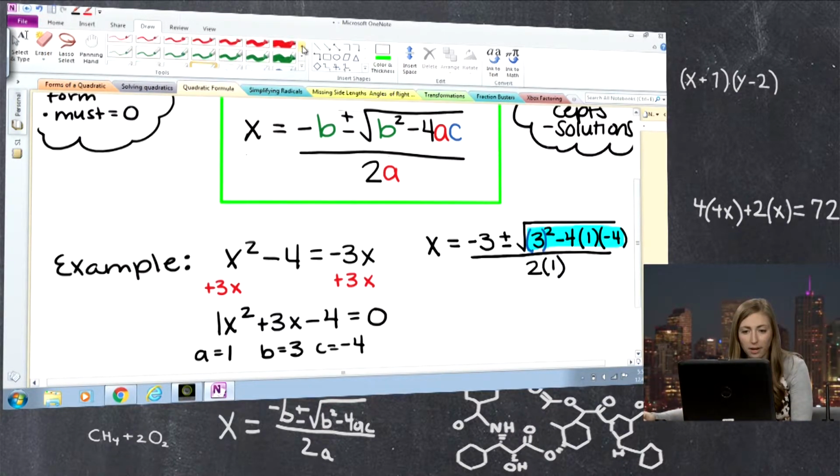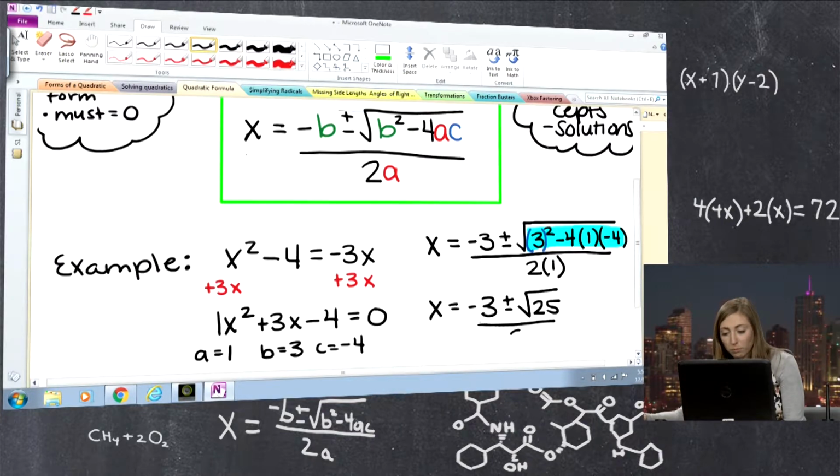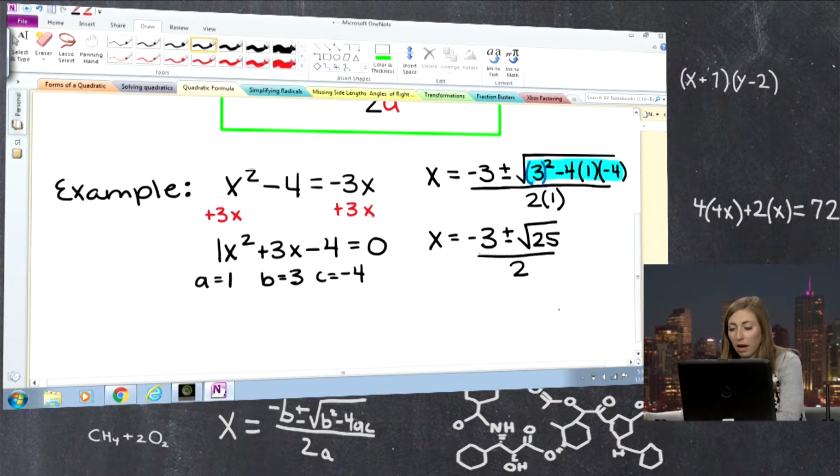So we'll rewrite our equation. Let's find my black marker. We'll rewrite our equation as this. So we just did that part there, and over 2 times 1, which is just 2. So I kind of do those two parts all at once. Then from there, we can actually do our square root.